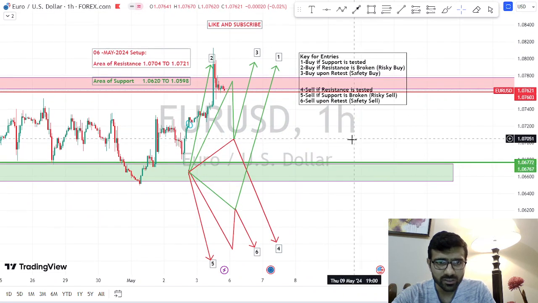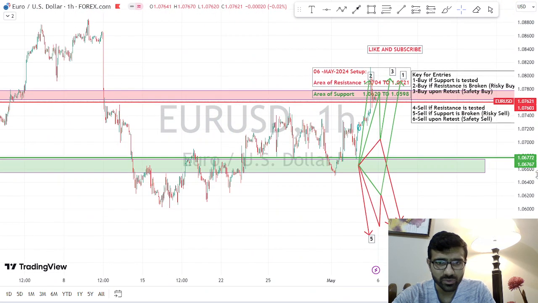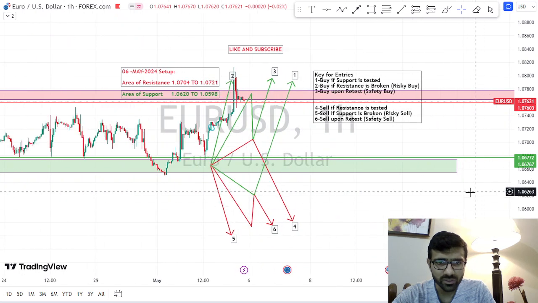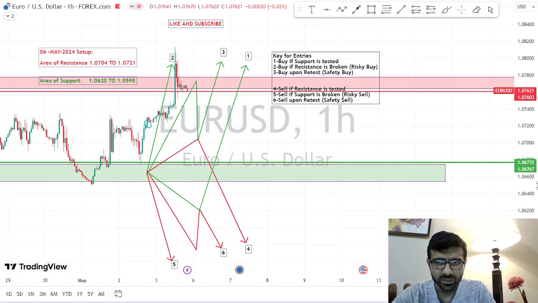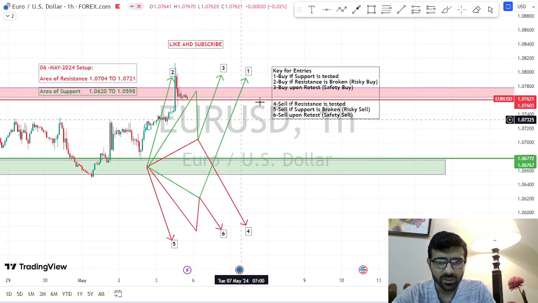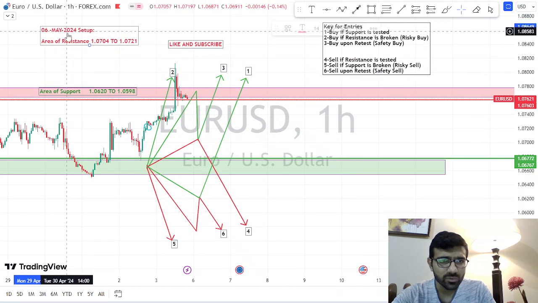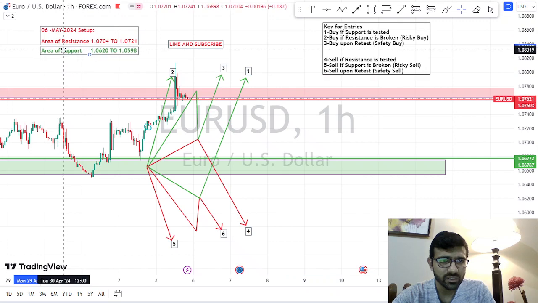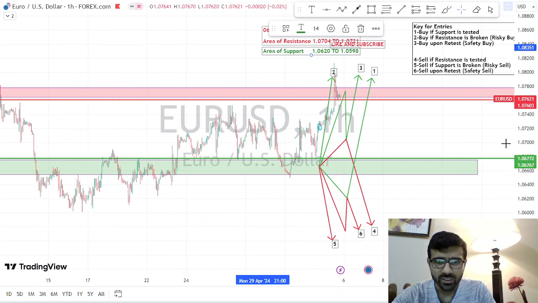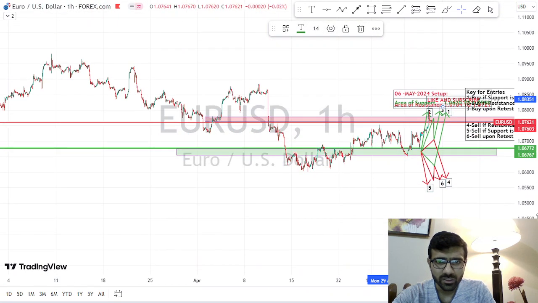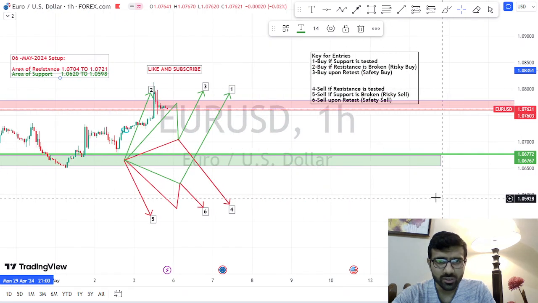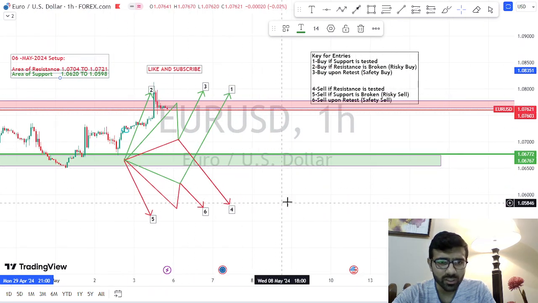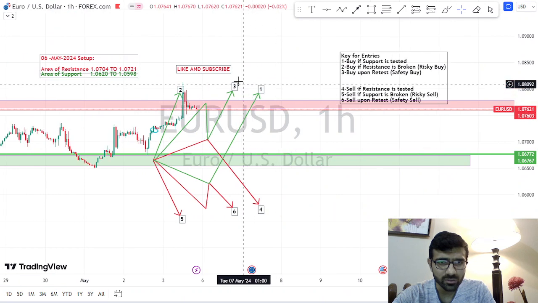And now let us move these scenarios further. Okay, let me move these a little bit up as well so you guys can clearly understand it. Okay, so now let me write down the new areas of resistance and support as well.